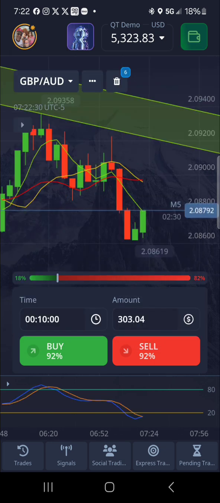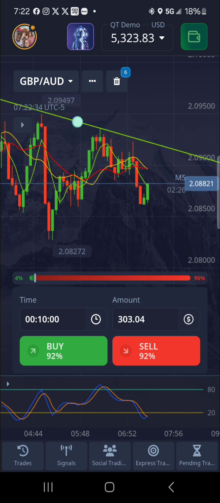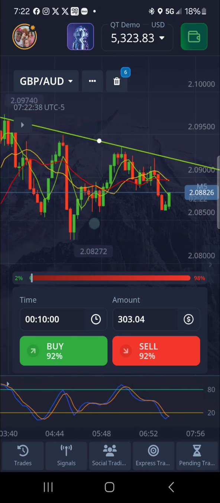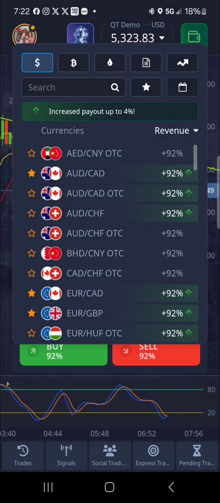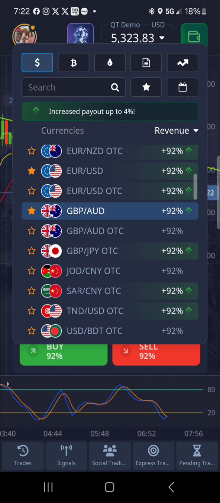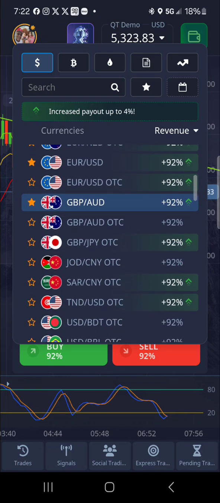Okay, so what happened here? All right, we're still looking at that one. Let's see what else we have going on. If you look at the right side, you see all these 92%, right? That's the payout in practice mode.